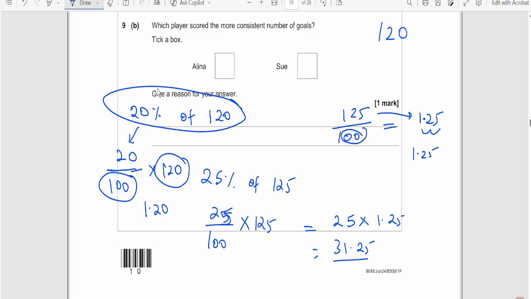There are two zeros, so after the decimal place we put the decimal. Then we multiply 1.20 with 20, right? If you times it with 20, you get 24.